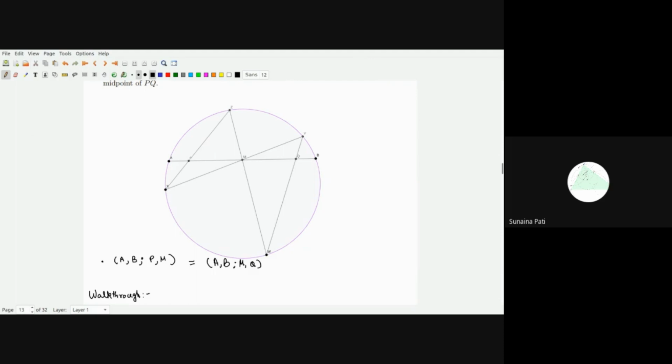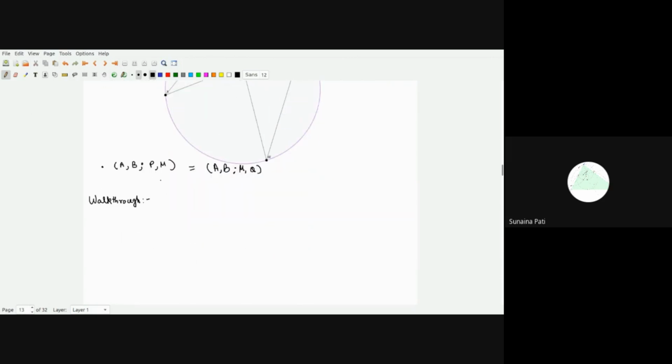So that was the first part. You had to prove that the cross ratio ABPM and the cross ratio ABMQ are equal. Now, what do you get from this? You know how good cross ratios are. Now use the formula of cross ratios, which was presented before.